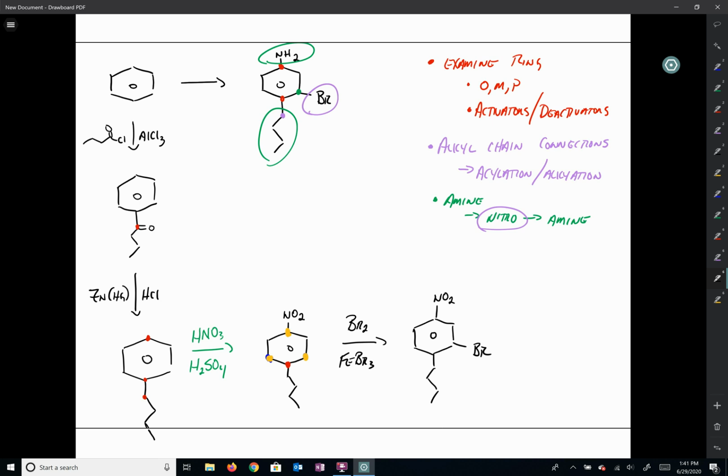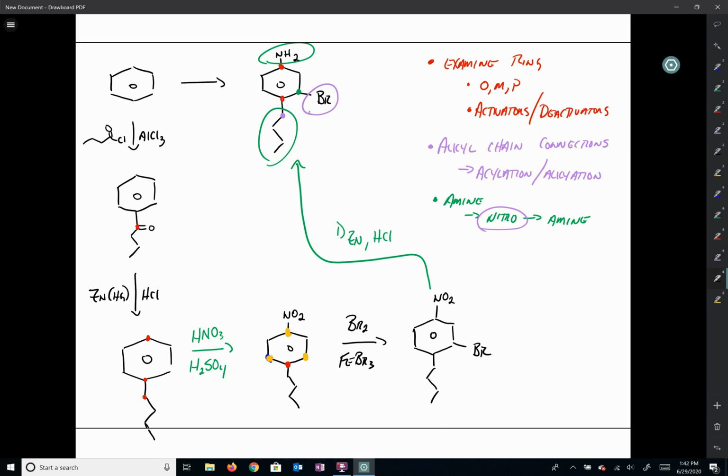Now the last thing we have to do is convert the nitro to the amine. All we need to do in this case is take zinc and HCl, or we could take iron and HCl, which is a perfectly fine way of doing this also. Now we've got to be careful. We have to pause here for just a second.